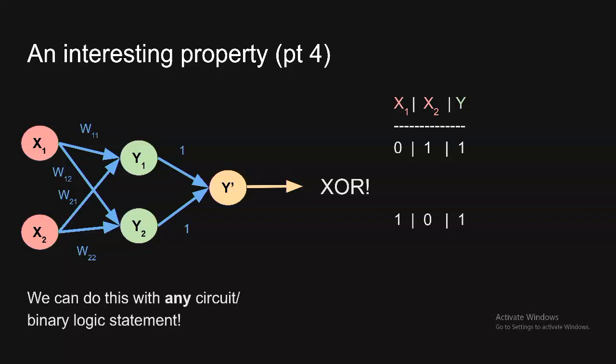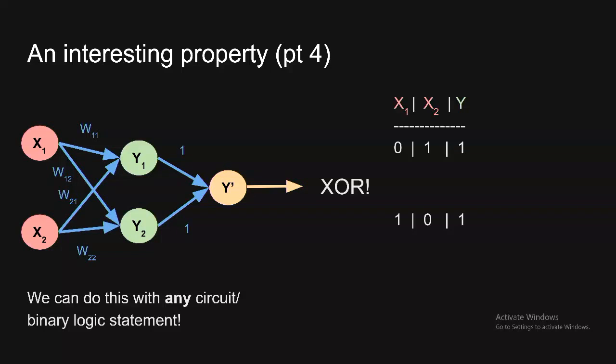And this is an extremely interesting theorem and finding: because of how we formulated this, it's general enough that we can do this with any digital circuit at all, using just binary weights and just this many layers, just having a detector for every positive case, and one that ORs them all together.